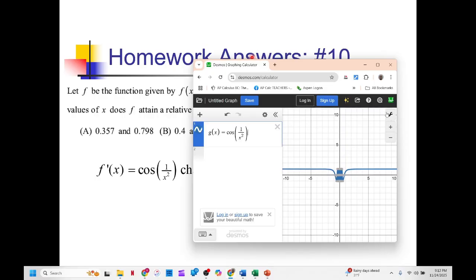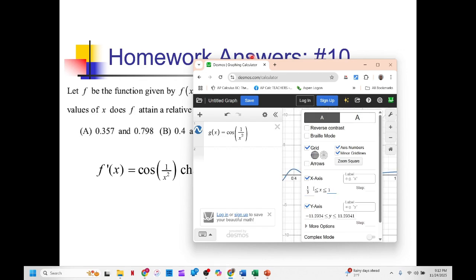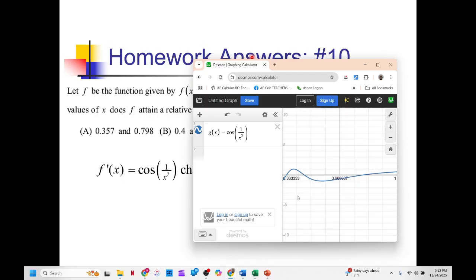Let's change the window from 1/3 to 1, because that's what they said we should be looking in. So we'll do, let's see, for the x-axis, 1/3 and 1. And I'll make my steps go by 1/3 so that I can see things a little bit easier. All right, so this is my function.